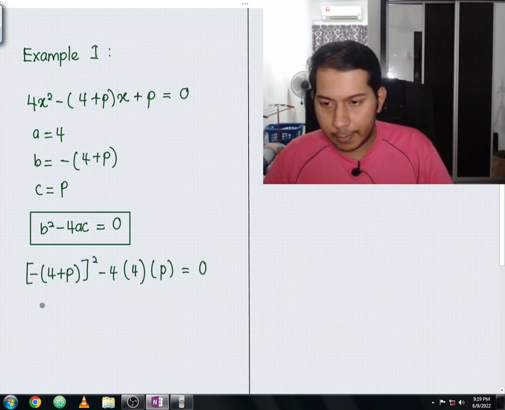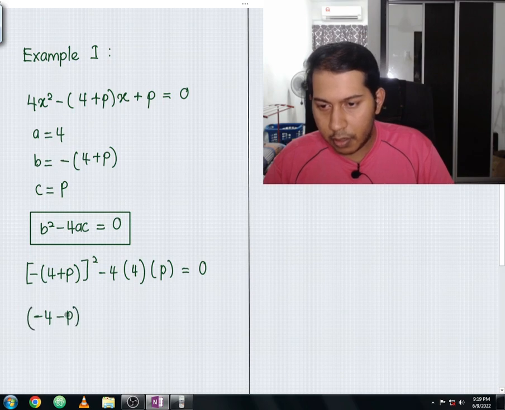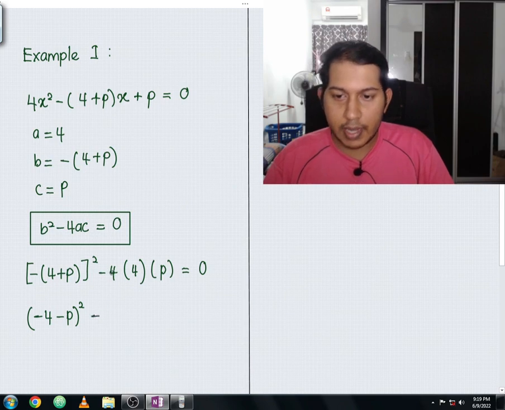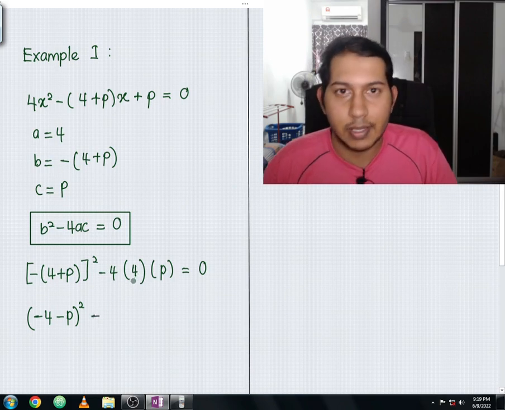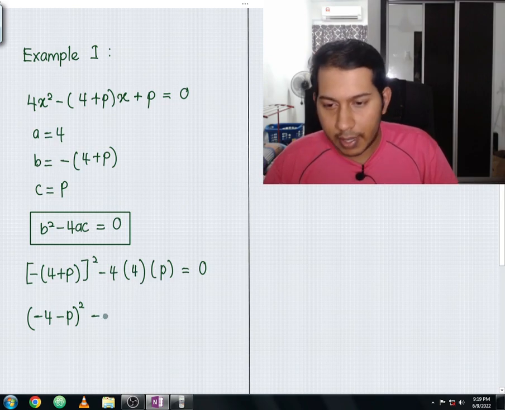Let us do the working for this. So it will be negative 4 minus p, square. We solve the inside bracket first, and then minus, negative 4 times 4 gives negative 16.